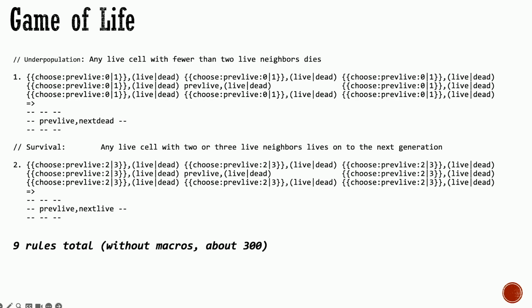So here is part of Conway's game of life. And of course, there are the 4 fundamental rules of life. And those are written here as these rules on 3x3 grids with macros. So the first one is the underpopulation. It recognizes that case and changes the middle cell to be dead in the next state.